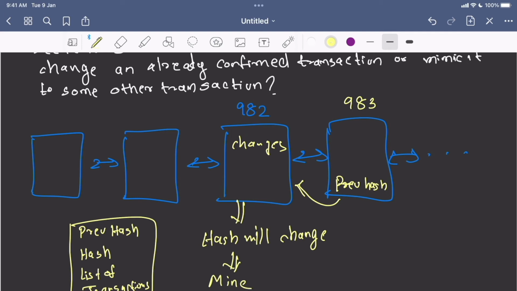But it's okay to mine a single block. If someone mines block 982, it's okay, it's just a single block, right? But since its hash changed, the other blocks will not find the original hash which they were pointing to. So we will also have to mine the next block, 983, since the previous hash field no longer exists.